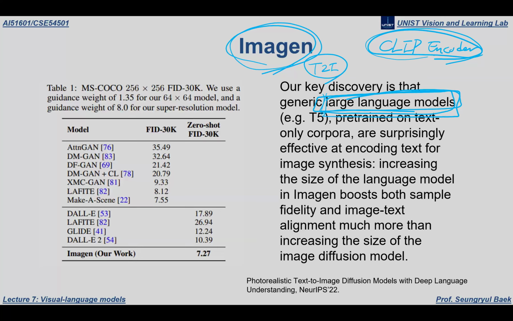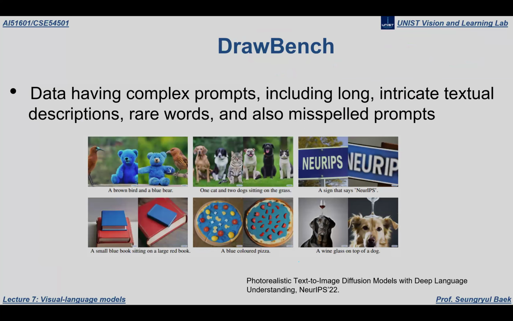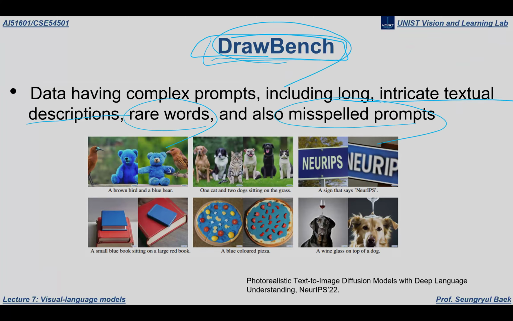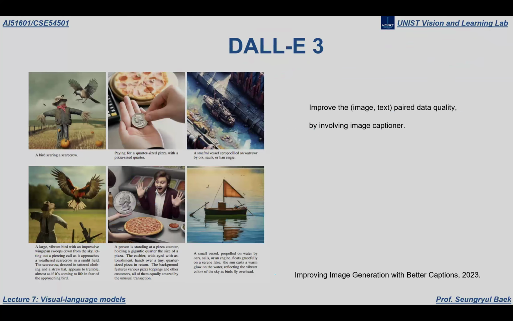So there has been a new T2I model that embeds these large language models as the text encoder rather than the CLIP encoder, which is called Imagen. And they produce better performance for long sentences. Also there has been a new benchmark proposed, such as DrawBench, having long and complex text descriptions, rare words and misspelled prompts.